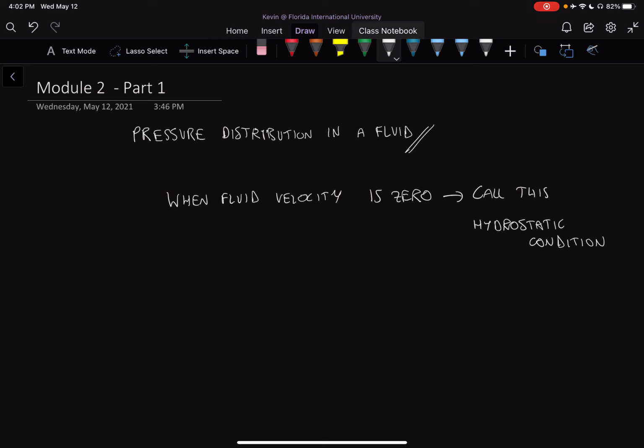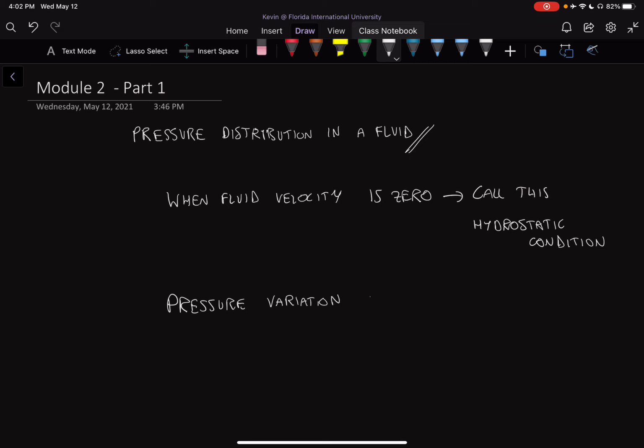It's called a hydrostatic condition, which essentially means that the fluid velocity is zero. And when the fluid velocity is zero, we can say that the pressure variation inside the fluid is due to the weight of the fluid.